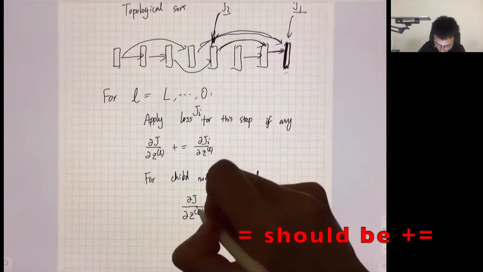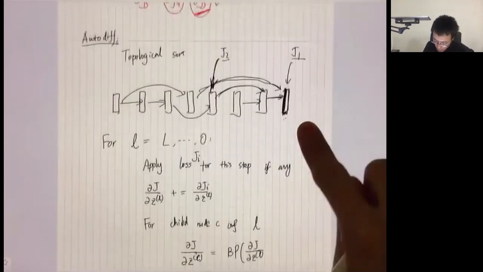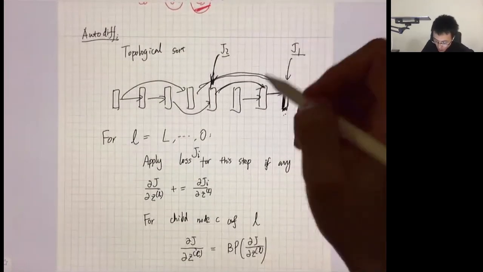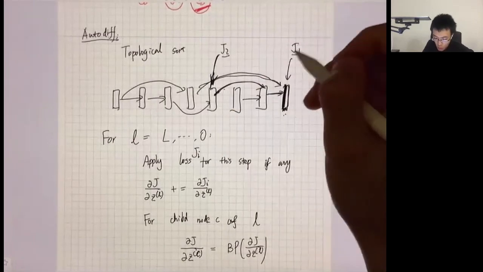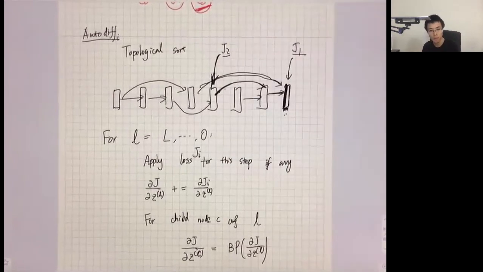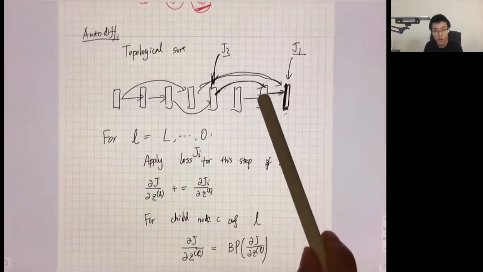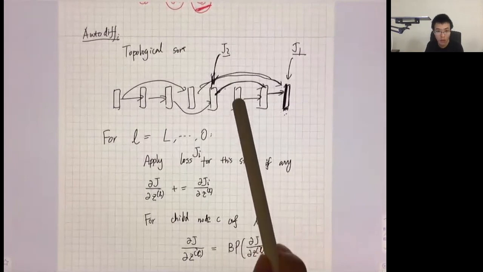You basically apply the recursive step we have computed earlier, and you add the partial derivative to do the backpropagation for all the child nodes of the current node, okay? And when it's done, you move to the lower layer. You backprop to here, you backprop to there, and you move to this layer. It has no child node, ignore that.